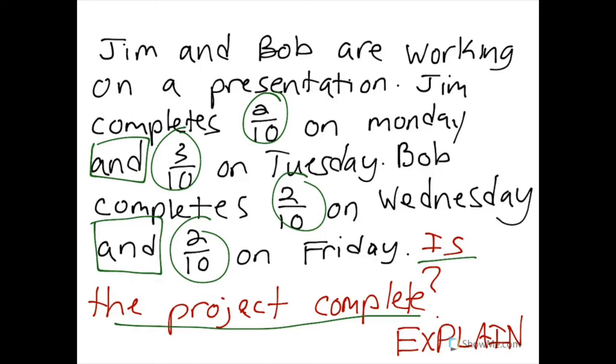Remember Miss Jones said when we see the word and, we think of our operation of addition. So we know right away for this problem, we have to add all these fractions together. Now, it says is the project complete. So in order for the project to be complete, the numerator, when we add them all up, would either have to equal 10 or be more than 10, because 10 is our whole, and that would be the whole project.